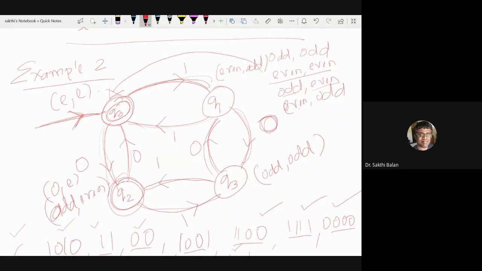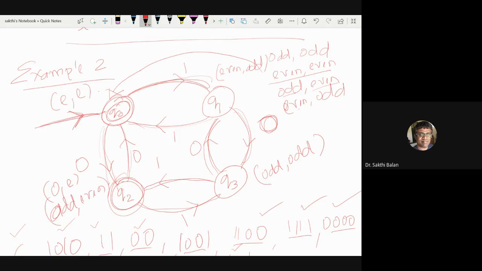For that you need to do more and more exercises from Hopcroft-Ullman and Peter Linz and such books. There are many worked out examples also. Maybe you can first go through the worked out examples, get more clarity, and then attempt some very basic exercise problems.